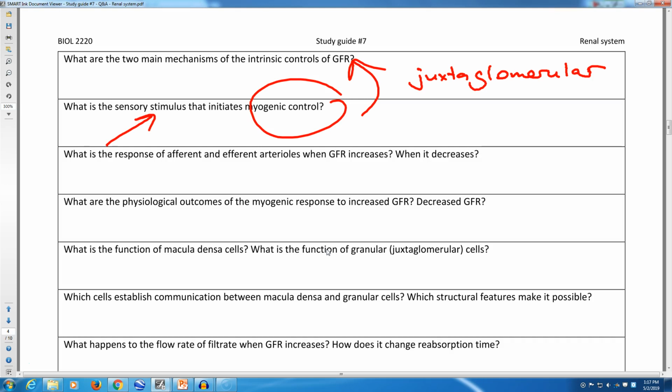When GFR increases, afferent arterioles constrict and efferent arterioles dilate. When it decreases, the opposite. Am I clear? That makes sense?